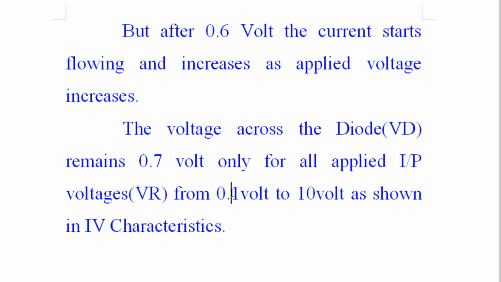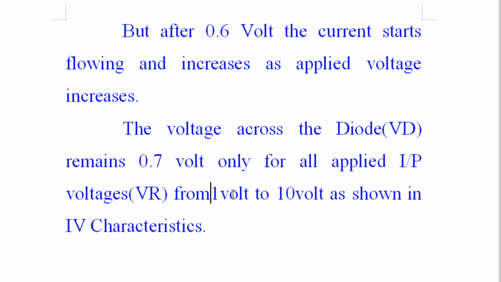So from 1 volt to 10 volt, you can say roughly the applied voltage is 1 volt to the diode VR, but the voltage measured across the diode remains how many volts?